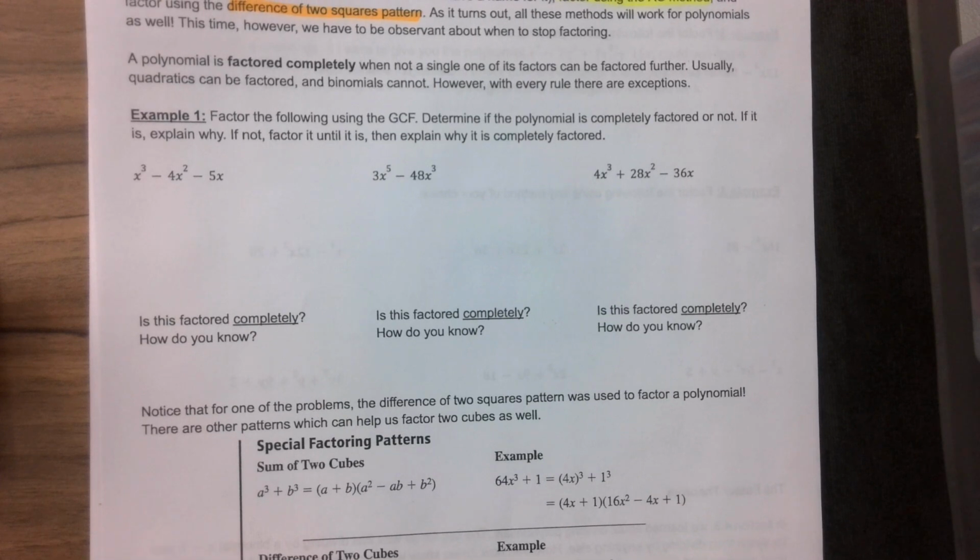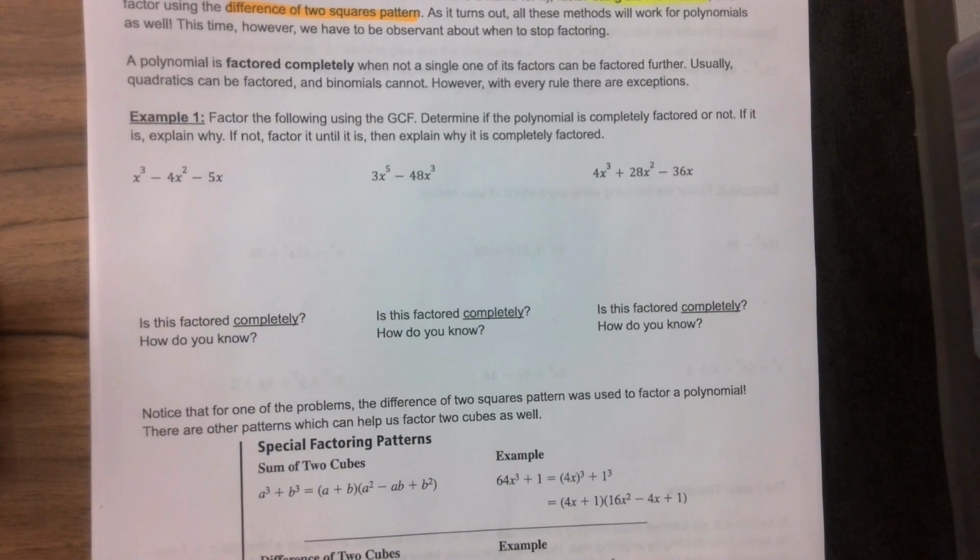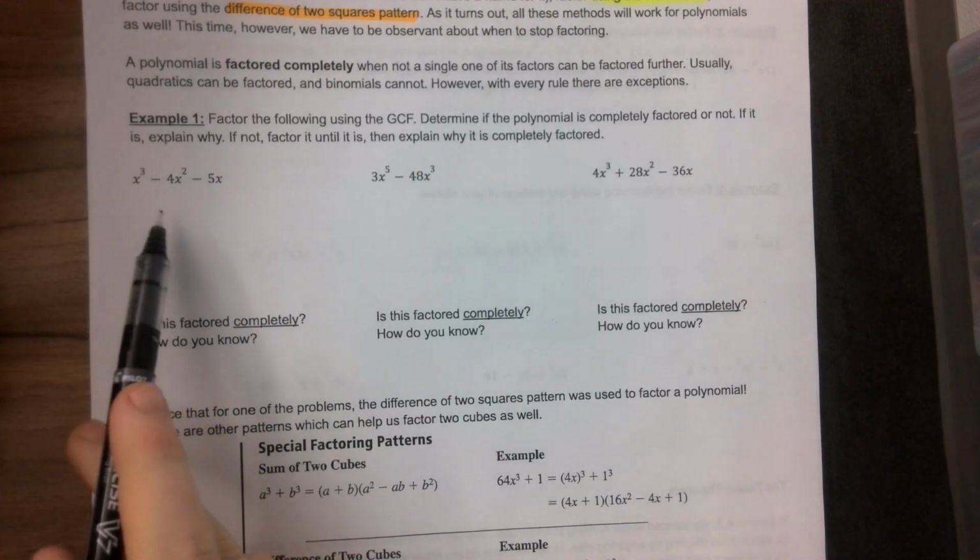So for example 1, we are going to factor the following using the greatest common factor. If, after we take out the greatest common factor, it's totally done, great, we can explain why. If not, we want to factor it until it is completely factored and explain why we're done. So factoring out the GCF means taking out the greatest common factor. Let's look at this first one.